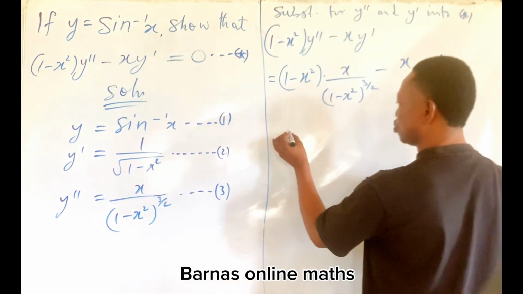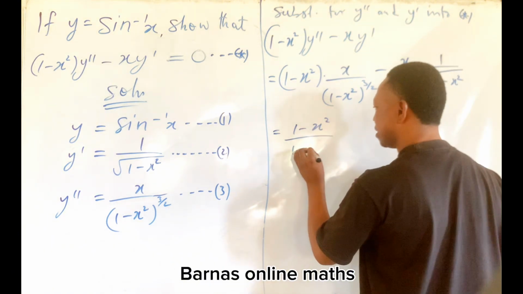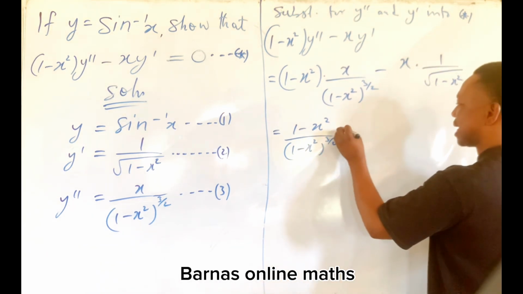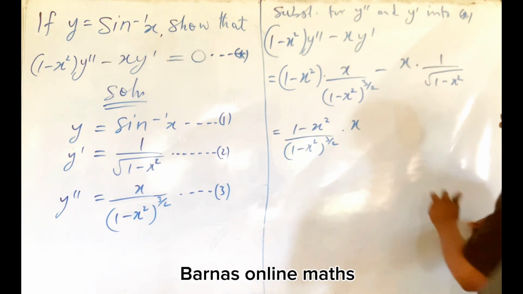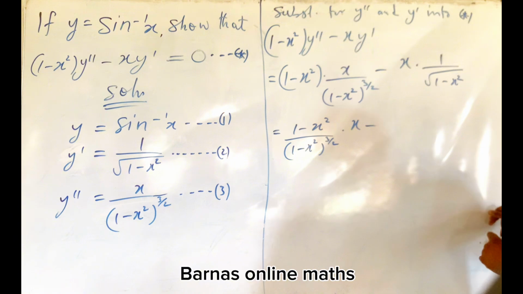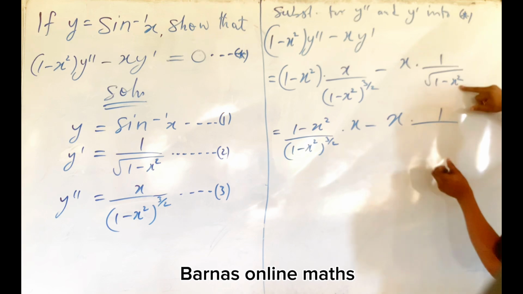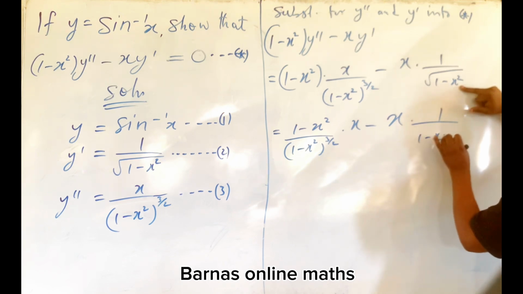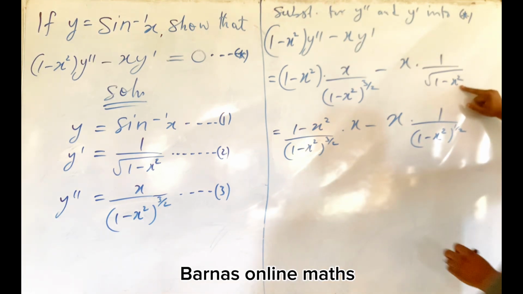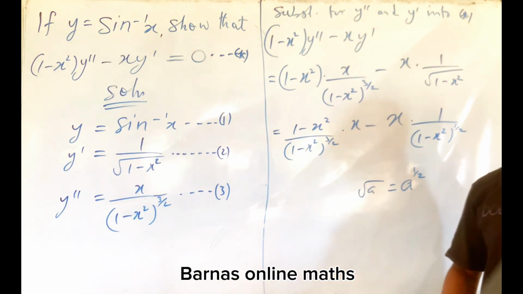Of course, we can have this to be that (1 minus x squared) all upon (1 minus x squared) all raised to power 3 over 2 times x, which is followed by minus x, then times 1 all upon, this is the same thing as (1 minus x squared) all raised to power 1 over 2 from the law of indices. When we have root a, it's something as a to the power 1 over 2. Take note.